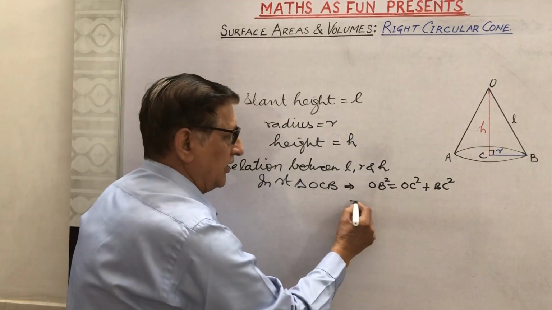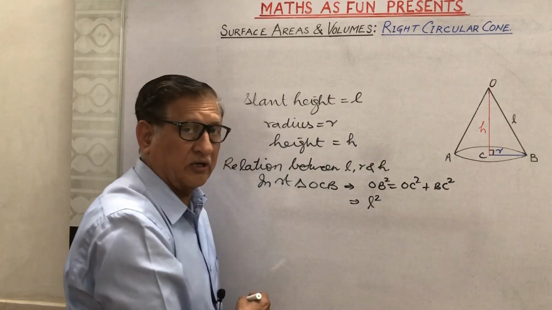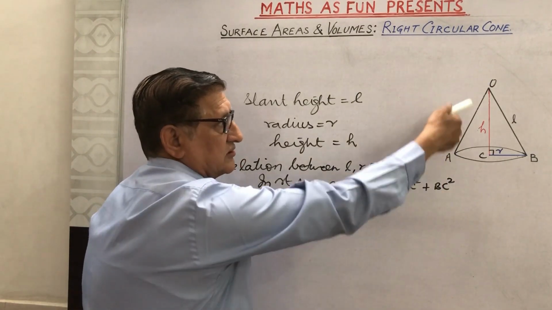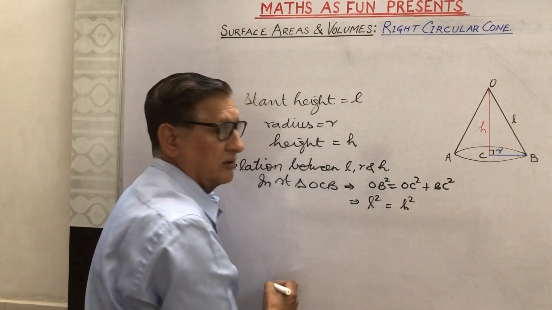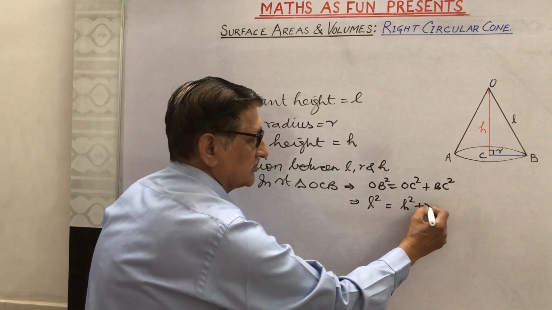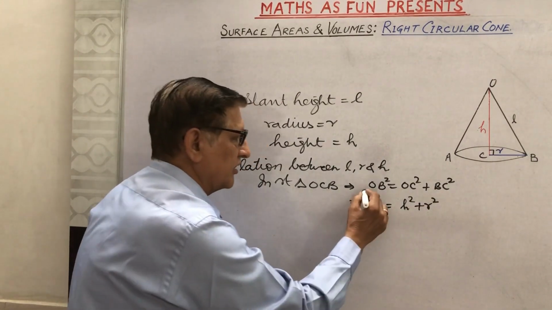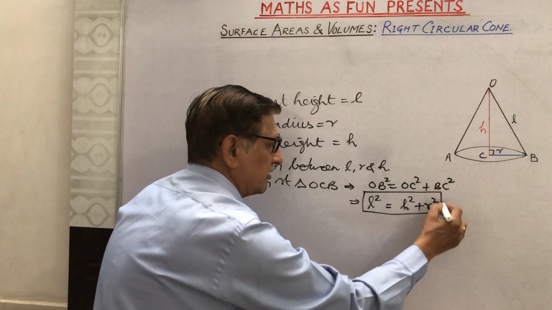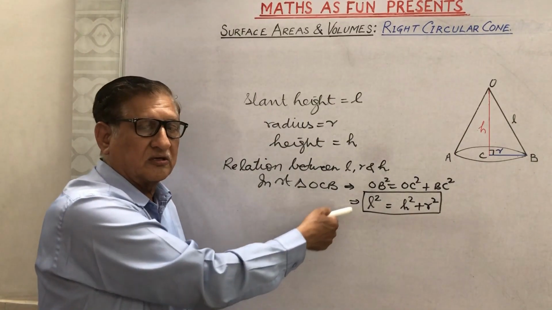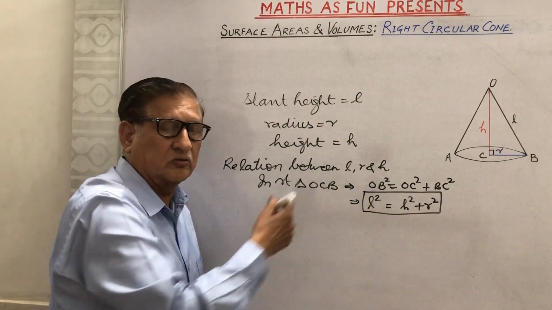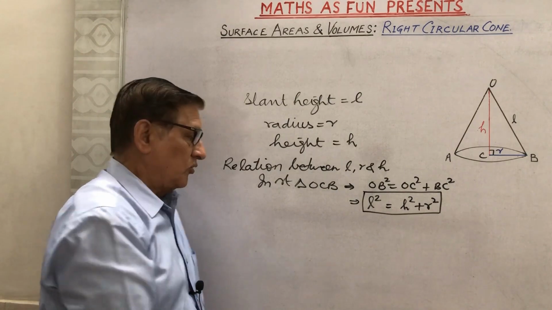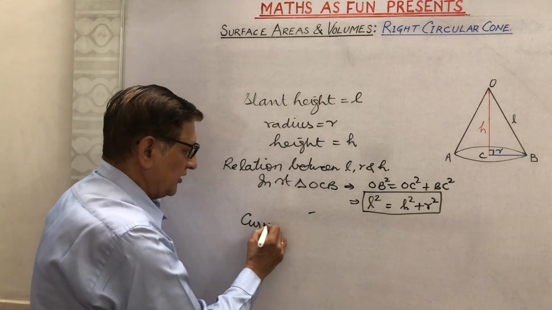OB here is L, L square. OC is H, so this is H square, and BC is R, this is R square. So we find a relation between L, H and R, that L square is equal to H square plus R square. Now what about the curved surface area of a cone?